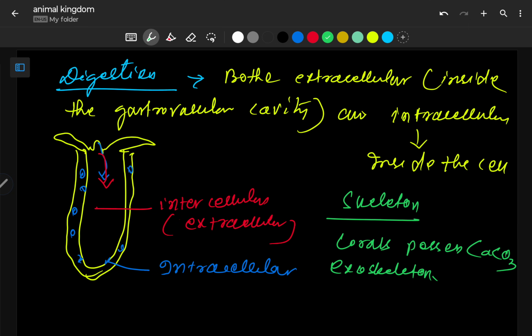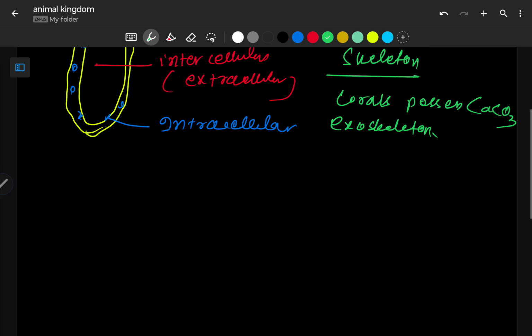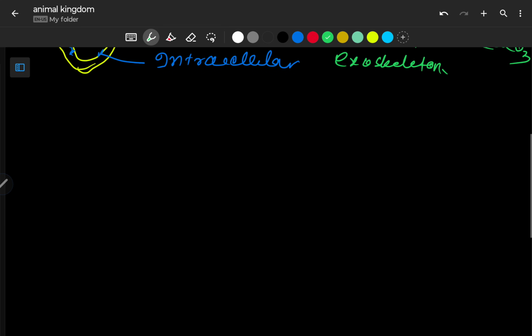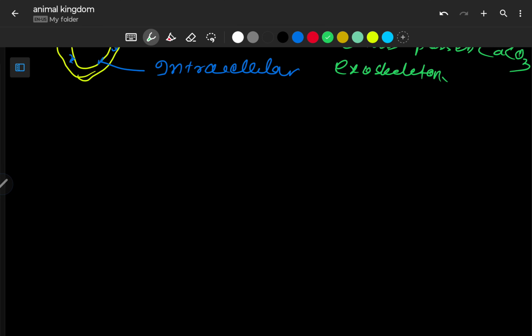ओके, तो यहाँ हम और एक इम्पॉर्टेंट फीचर पढ़ेंगे. The body has 2 forms. Okay, so that is known as polymorphism. Now come to polymorphism. Very, very important. Polymorphism means what?